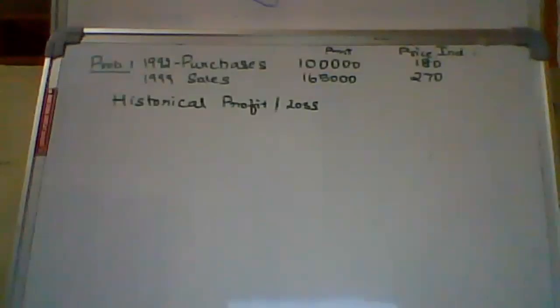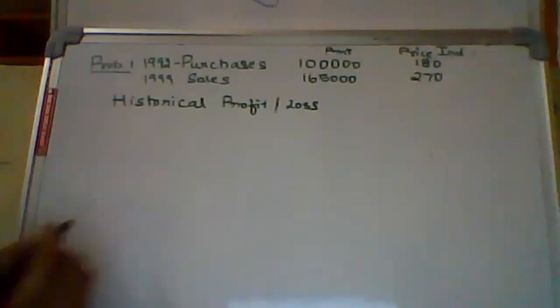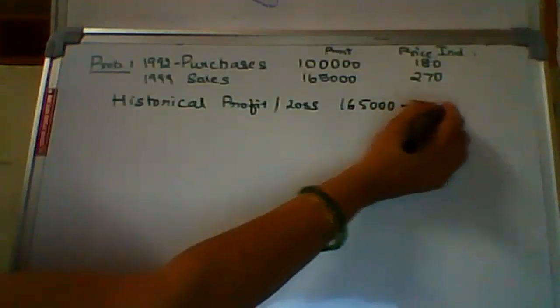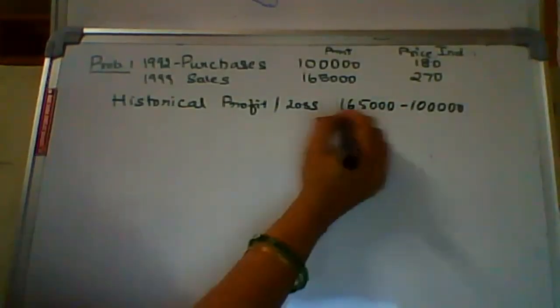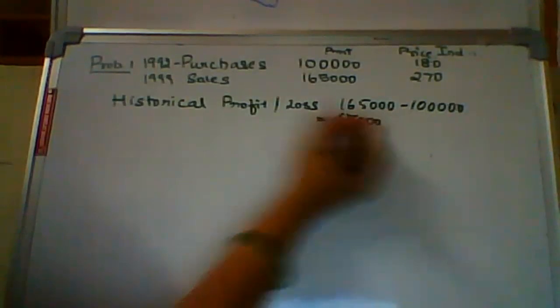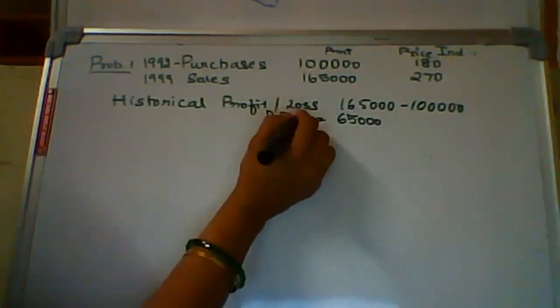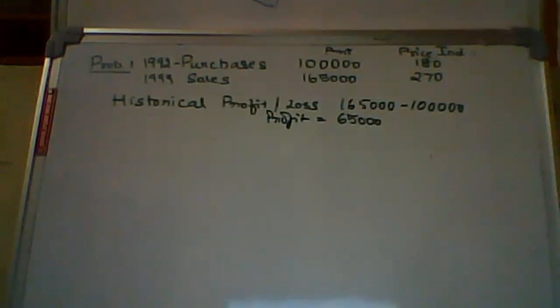Are you getting any profits in the sale? How much is sale value? Exactly. So the historical profit or loss is nothing else but 1,65,000 minus 1 lakh. So you assume that there is a profit of 65,000.